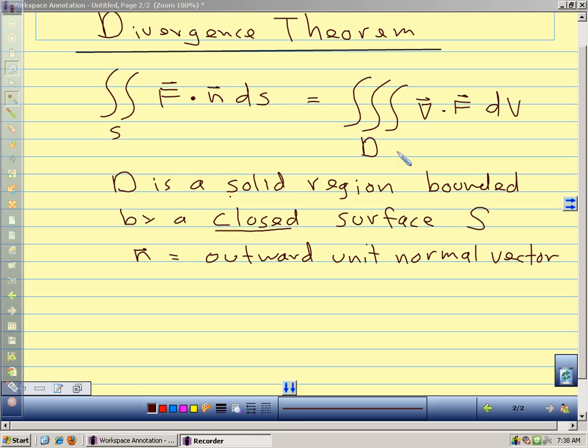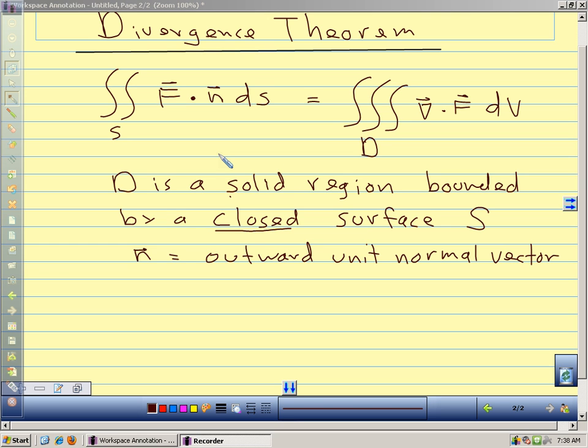So what the divergence theorem tells us is that the sum of the normal component of our vector field over the surface, the flux, is equal to the sum of the divergence over the solid. So the divergence tells us something about the flux of our field.